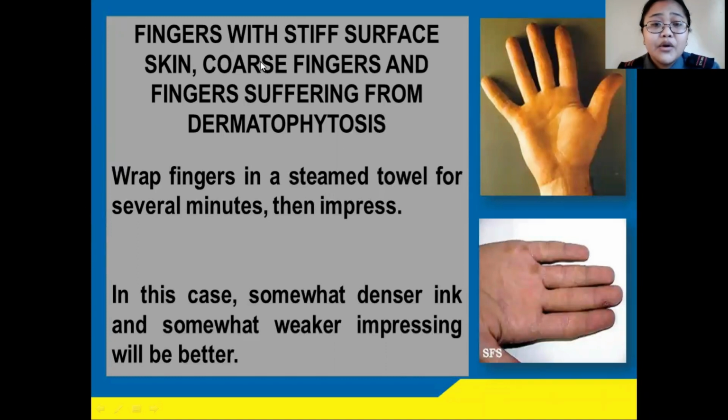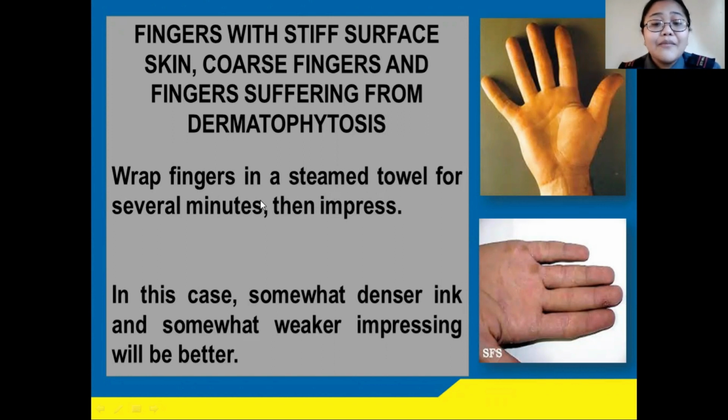That's why if we do the real impression without wrapping their fingers in a steam towel, there is a possibility that the patterns on their fingers cannot be read, because it will come out all black.